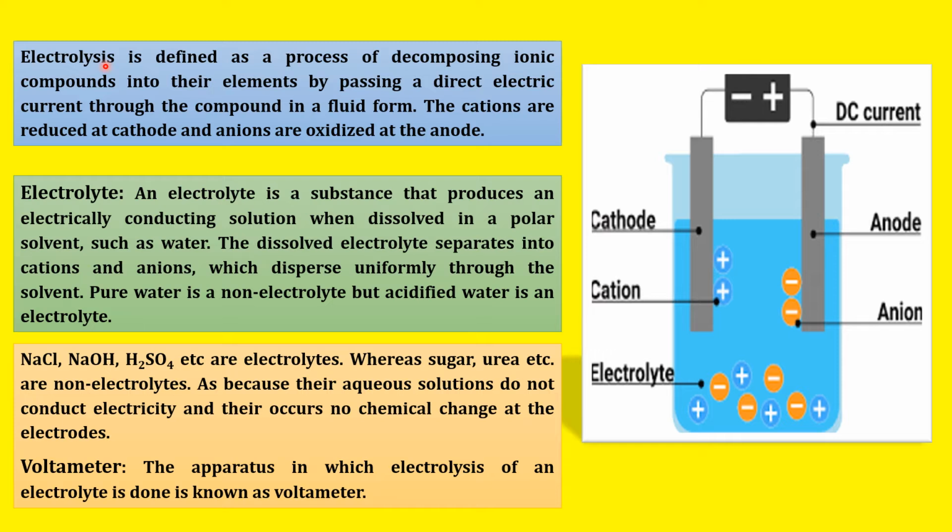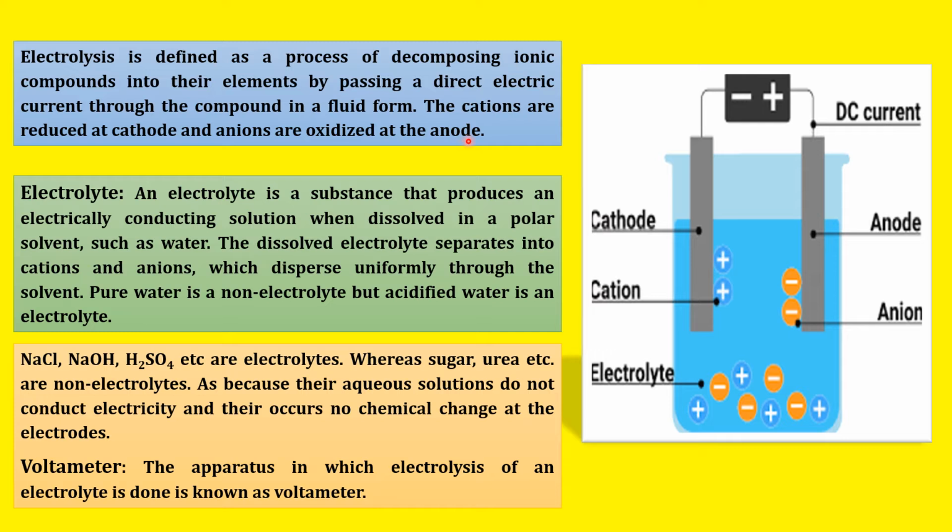First, what is electrolysis? Electrolysis is defined as a process of decomposing ionic compounds into their elements by passing a direct electric current through the compound in a fluid form. The cations are reduced at the cathode and anions are oxidized at the anode.